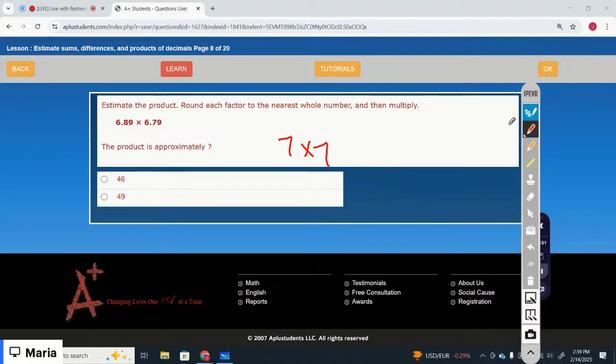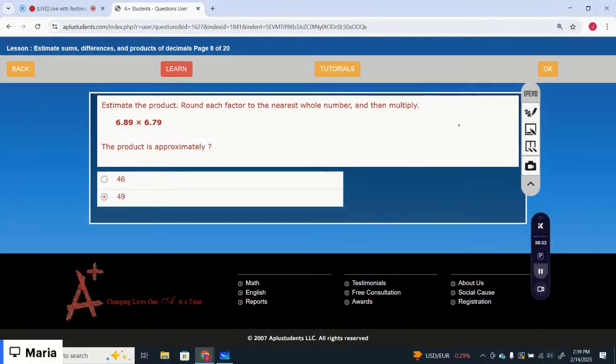So 7 times 7 makes 49. Option 2 is the correct option. Okay, you can complete the lesson by yourself later today.